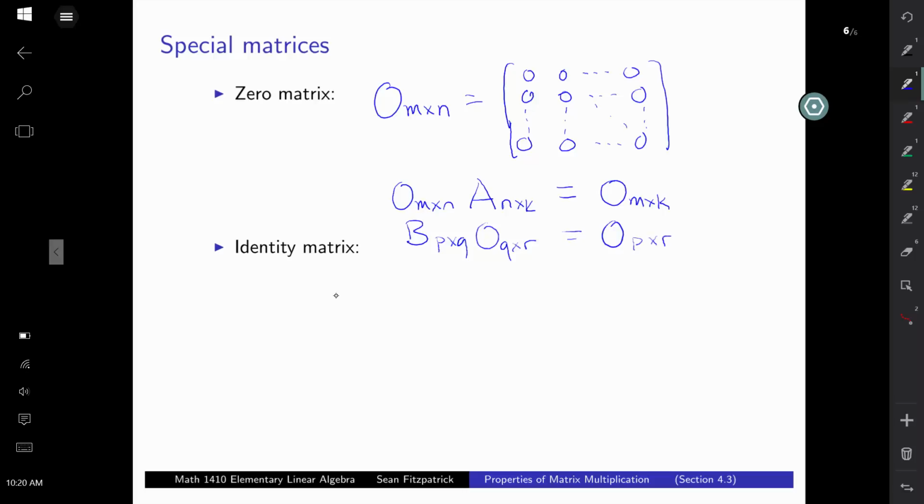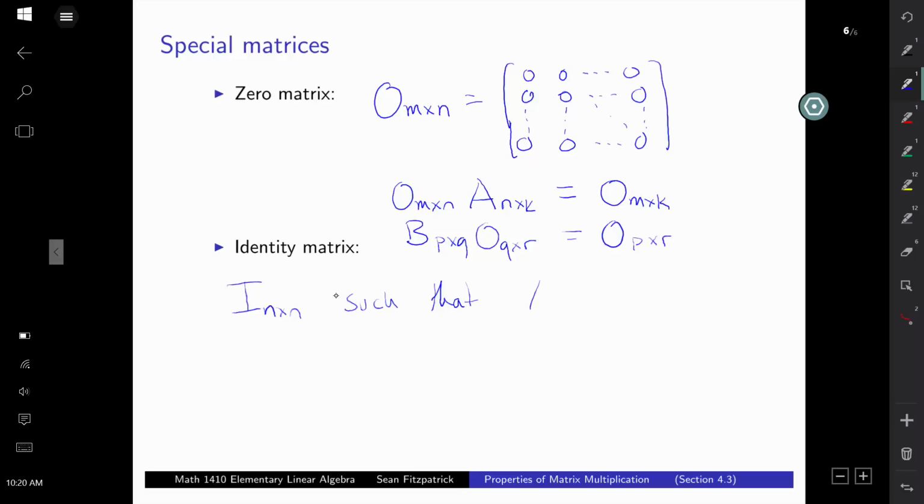Now, the identity matrix. What you're looking for here is a matrix, say I_N, and it's always going to be a square matrix, and you're looking for something that acts like 1 with respect to multiplication, right?